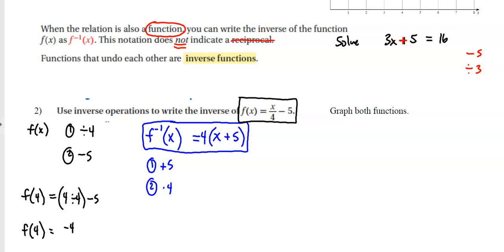So let's do a quick and dirty graph here. If I make a quick little table for these values, and I could have done this on a graphing calculator, probably would have been faster. Maybe I'll do that. Let's fire up the old graphing calculator and graph these two, see what shakes out.